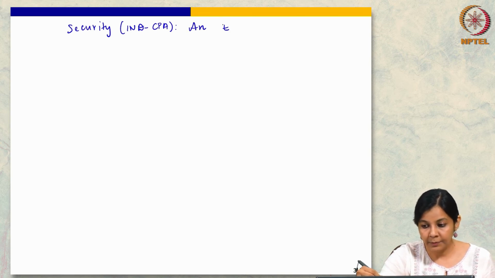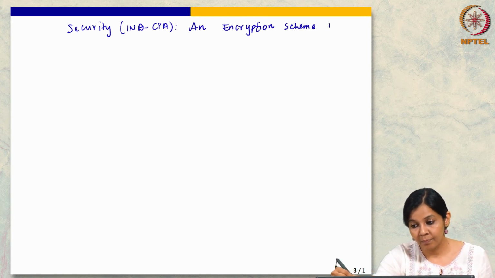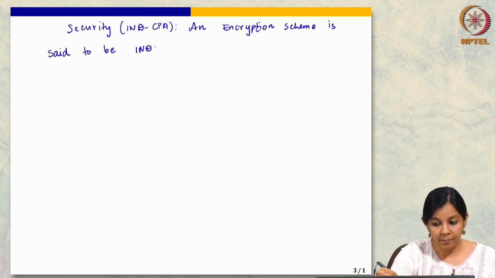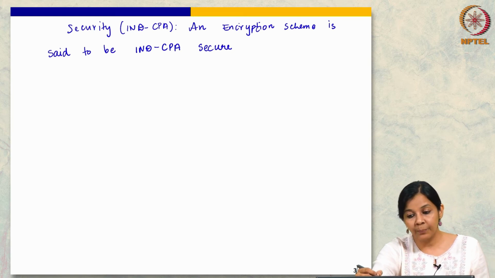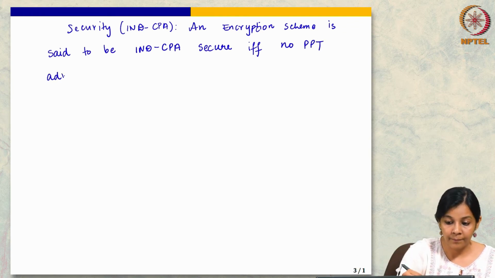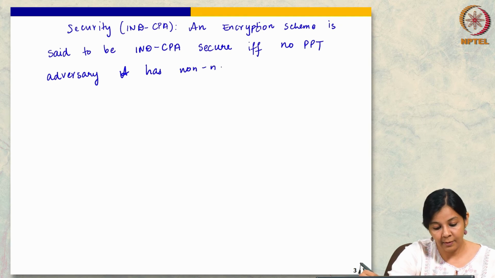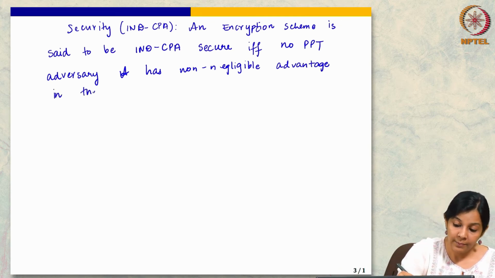An encryption scheme is said to be IND-CPA secure, this is indistinguishability under chosen plaintext attack, if and only if no PPT adversary A has non-negligible advantage in the following game.